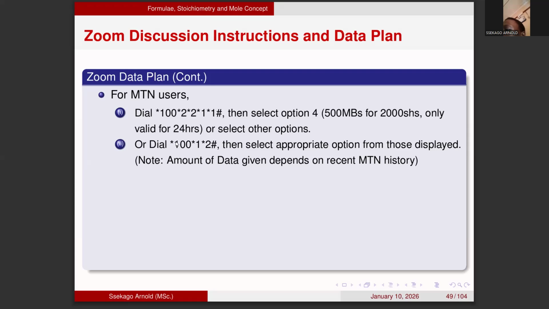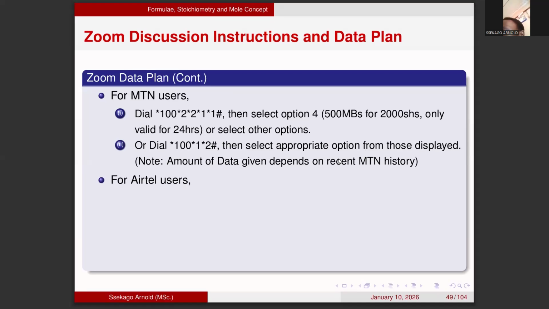For me on my phone, when I dial *100*1*2#, I think they give me 400 MBs at 1,400 Ugandan shillings. But it depends on your recent MTN history. I'm not saying that if you do the same thing, you'll get the same amount of data I receive. No, it depends on how you've been using MTN.